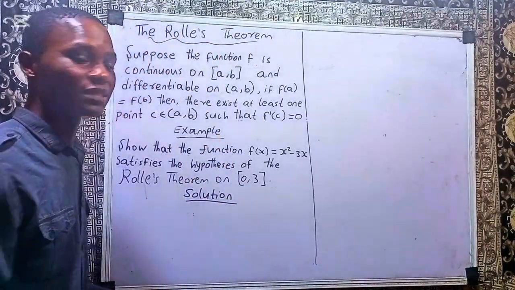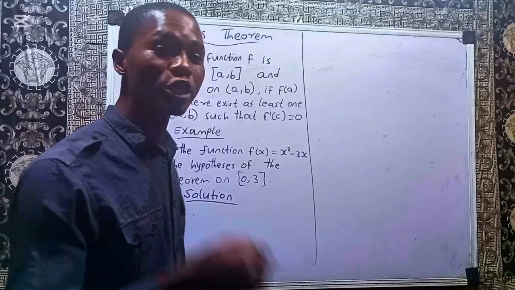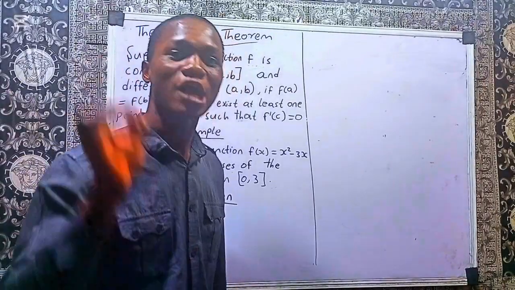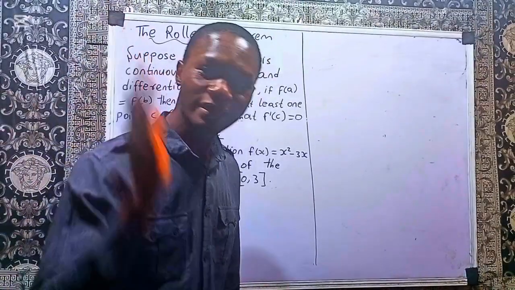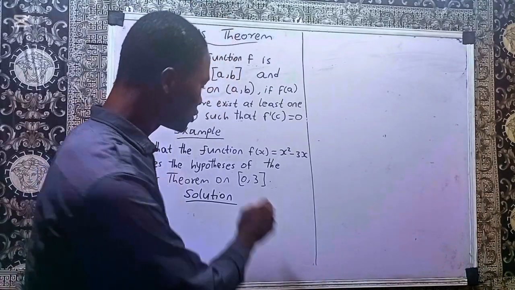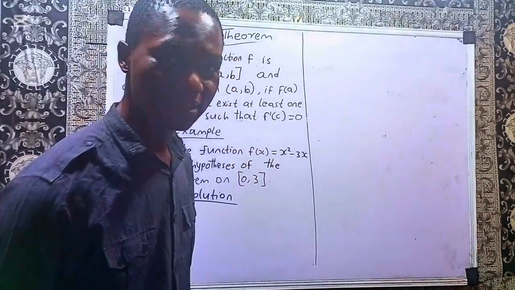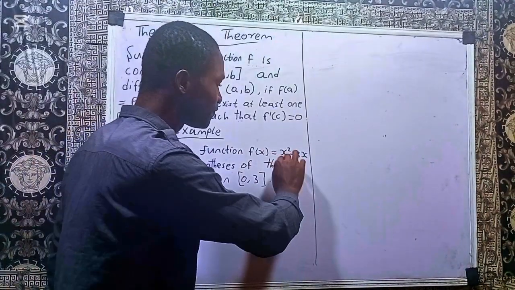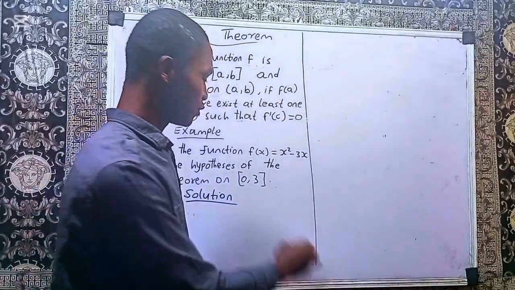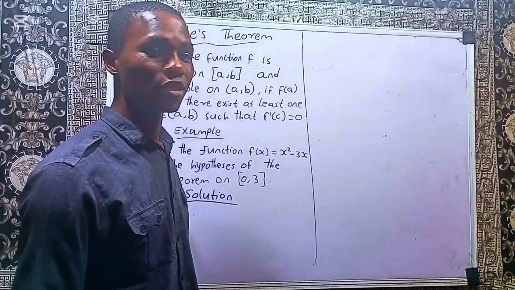Now apart from that, this is a polynomial. We know that polynomial functions are continuous everywhere on the real line, and this interval is just a subset of the real numbers. Because of that, this function, which is a polynomial, must be continuous here.